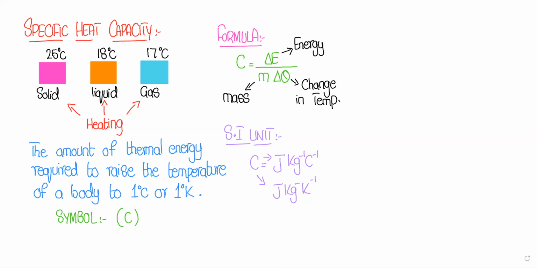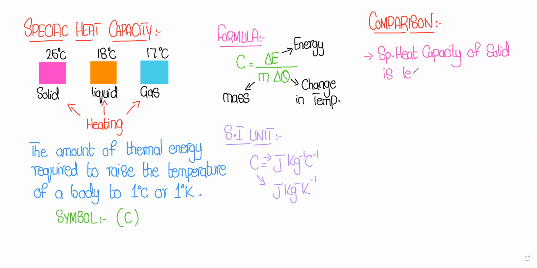And if we want to compare the specific heat capacity, if we compare the properties of solid, liquid, and gas with reference to specific heat capacity, the specific heat capacity of solid is less than the liquid.